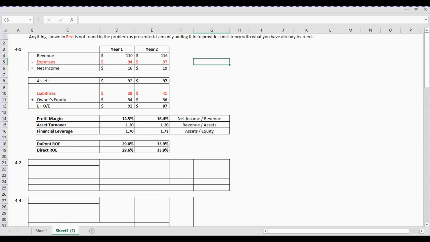We can track trends, we can track changes year over year, we can compare with our peers. All of these things are very important. So that's the real purpose of all of this ratio analysis and the analytical aspects of why we do all of this.